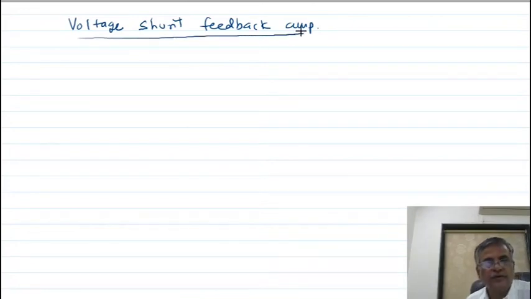In voltage shunt feedback, the feedback is proportional to the output voltage and it is combined in a shunt manner with the input. If so, then it is called voltage shunt feedback.